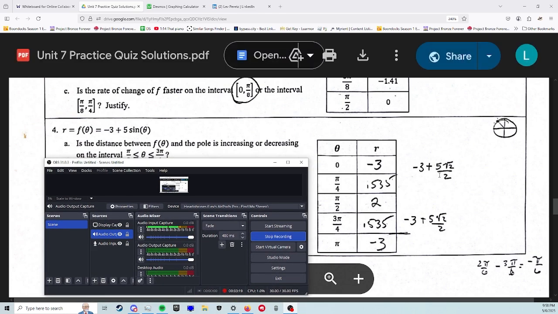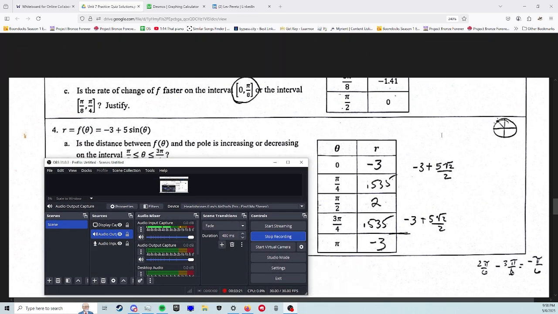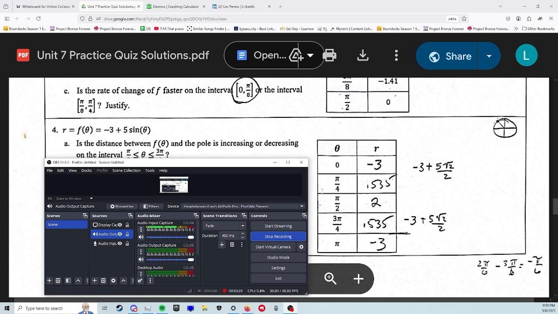So again, you're adding -3 plus 5 root 2 over 2, so you get to the peak point.